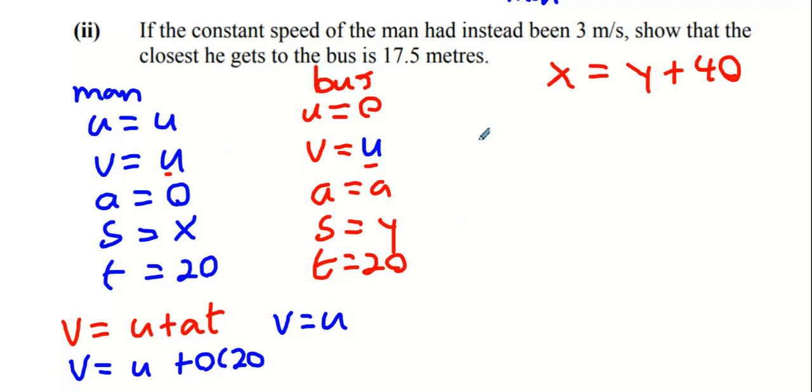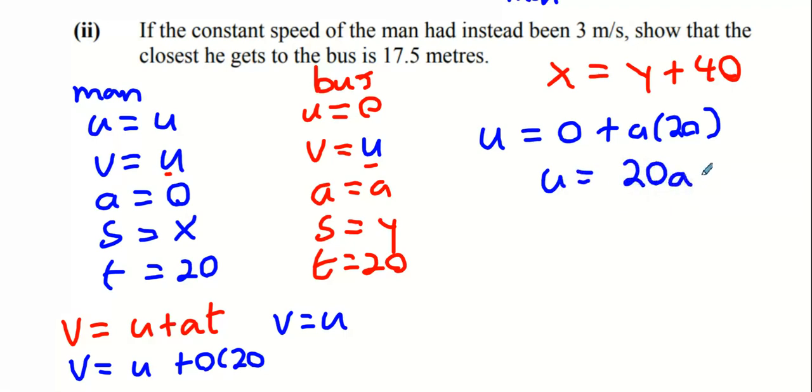Let's do v equals u plus at for the red system. What do we get here? u equals 0 plus 20a. So u equals 20a, right? We may or may not need that later. We'll find out. Easy information, though, right?